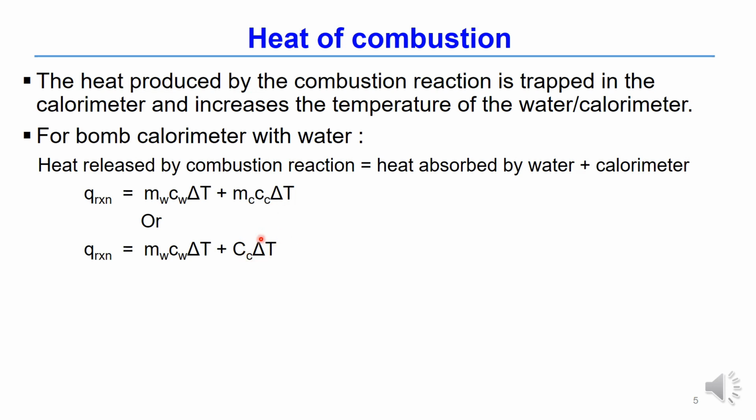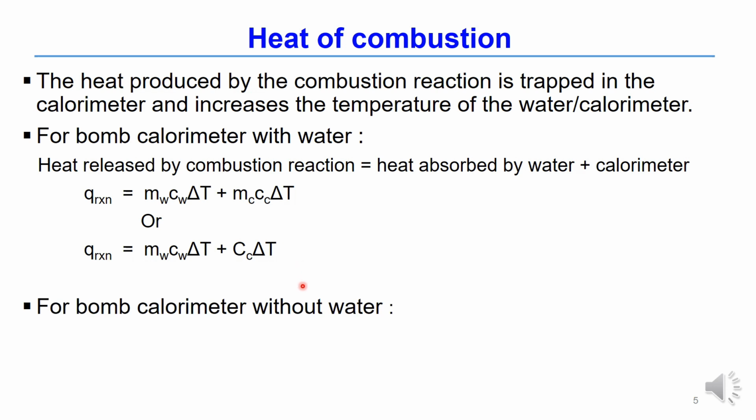The difference in these formulas depends on the question given, whether the question gives the specific heat capacity of the calorimeter, so we can use this type of formula. But if the question gives the heat capacity of the calorimeter, then we can use this type of formula.